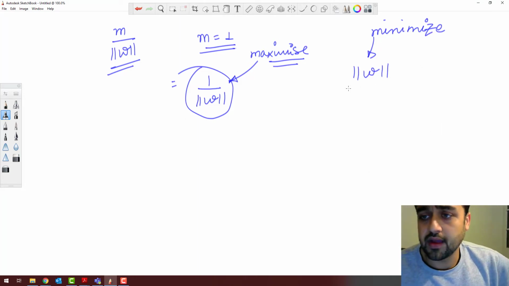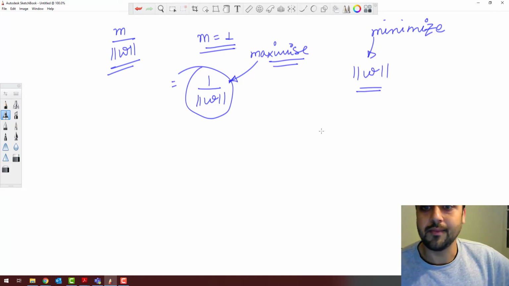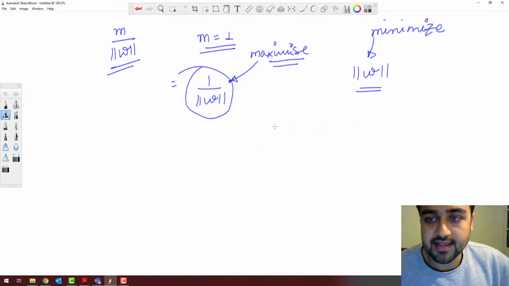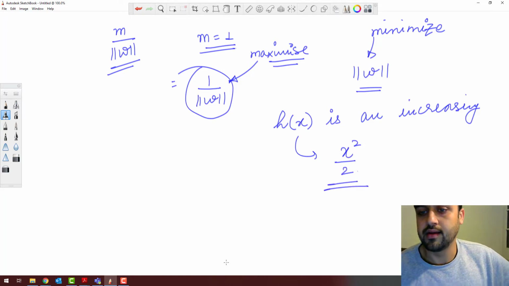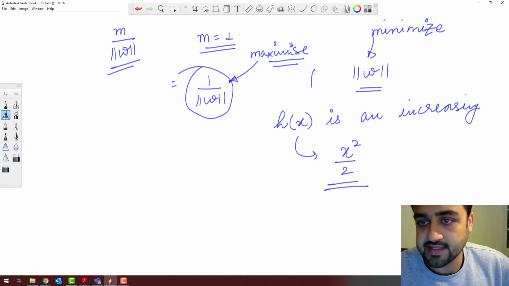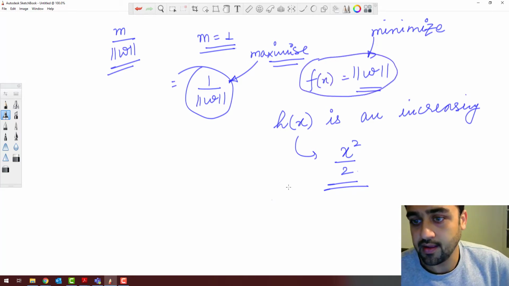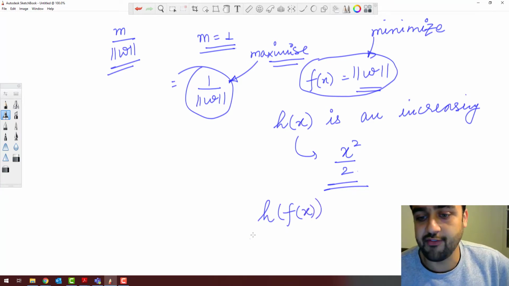To make it mathematically convenient, let's say h of x is an increasing function, where we take h of x as x square by 2. Let's say f of x is mod w. If we want to minimize f of x, we would have to minimize h of f of x also, because h is an increasing function.